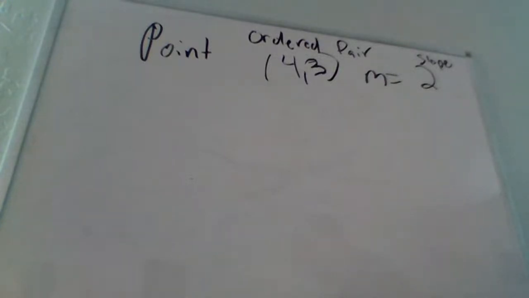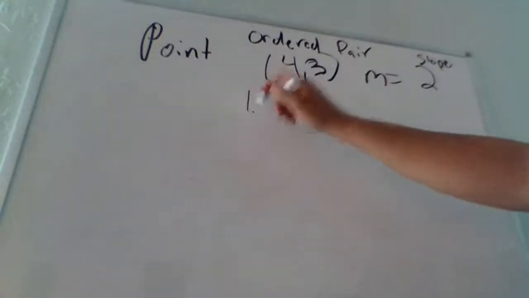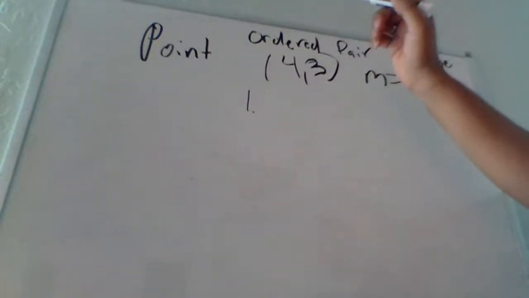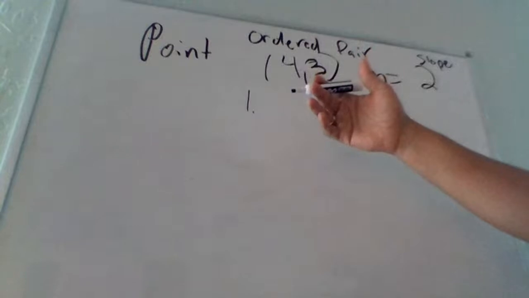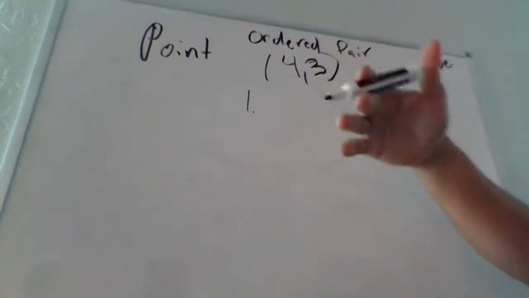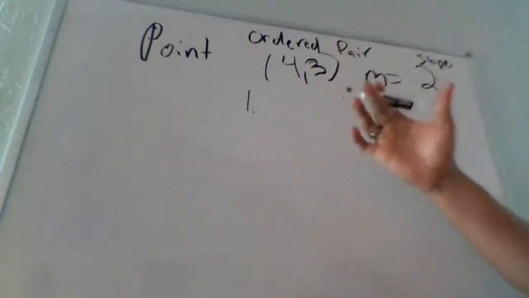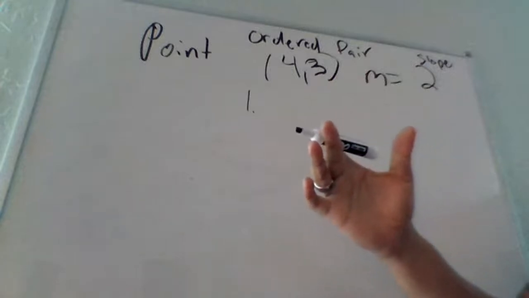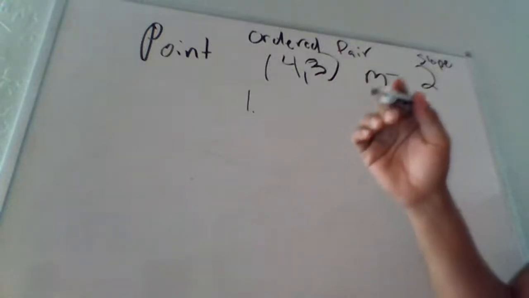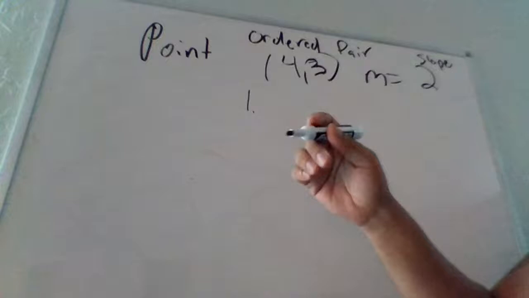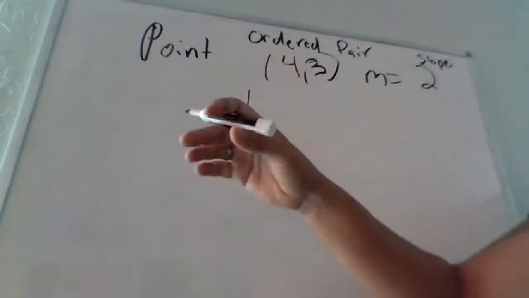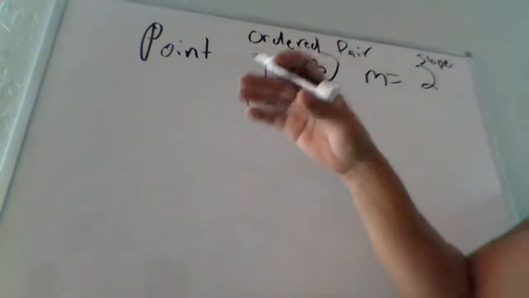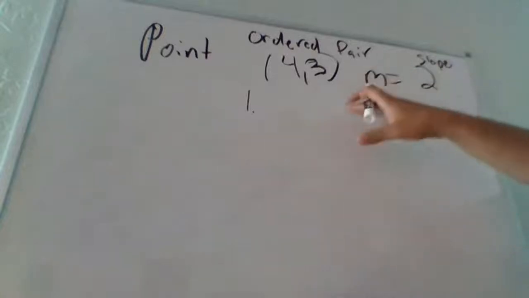Yes, makes sense. So here, the first thing we know is we have x1 and y1, right? We don't know what the other one is, but we know we at least have one set of points. So x1 and y1 is an ordered pair that corresponds to a point on the line, right? It's going to help us with the slope-intercept form.